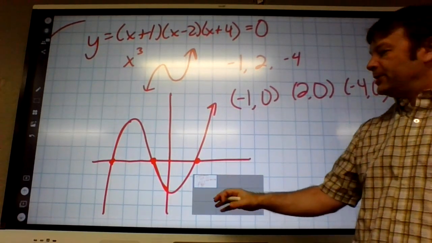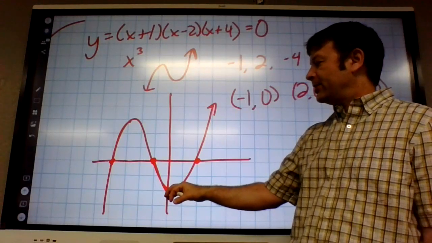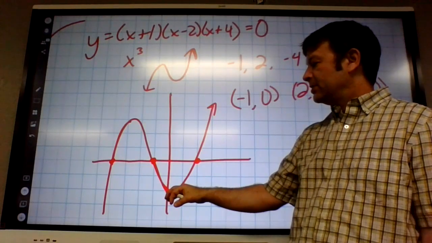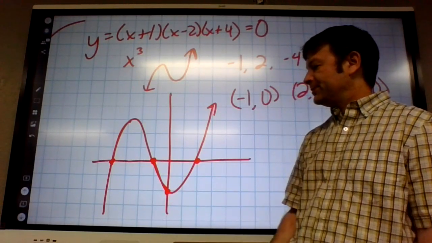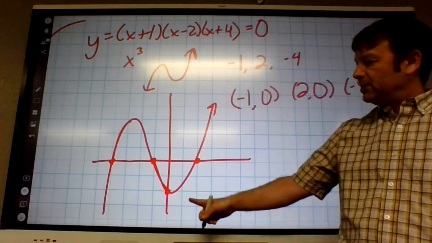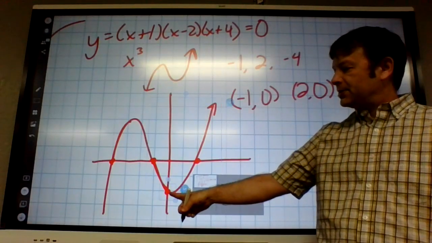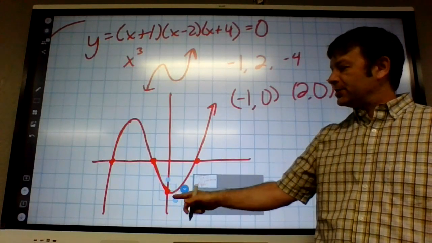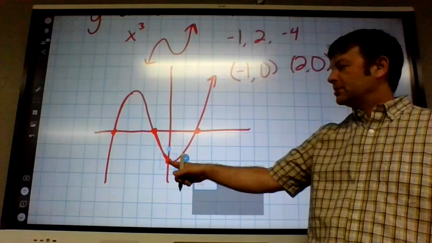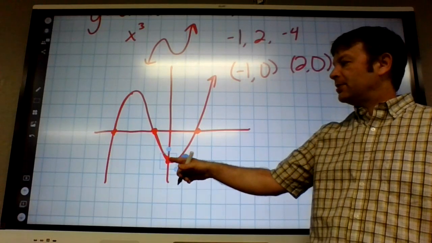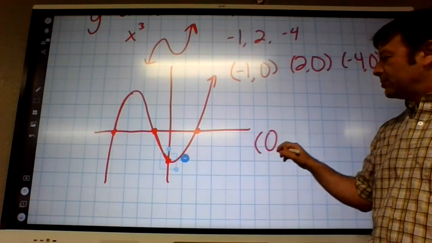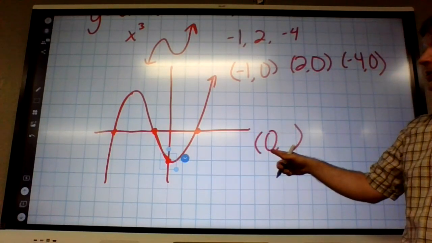There is one trick that can help you be more accurate. Do you know how to find where it crosses the y-axis? I put it about -2, but do you guys know how we can tell for sure? What is the x coordinate for this point right here? 0. So the y-intercept always has an x-coordinate of 0.